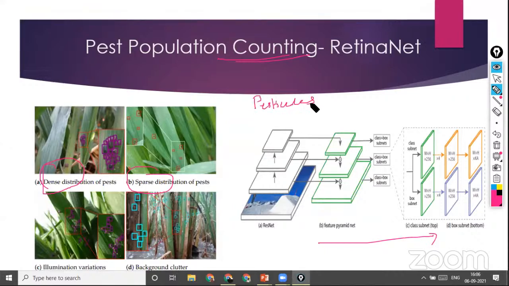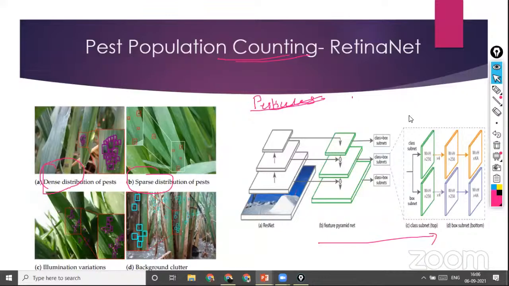If there is a dense distribution, the quantity of pesticides that you need to use is a decision you need to make. These things are very helpful in a smart agriculture scenario. So that's the second use case.